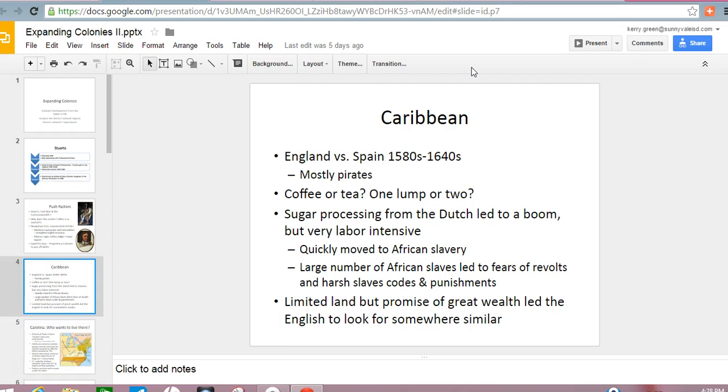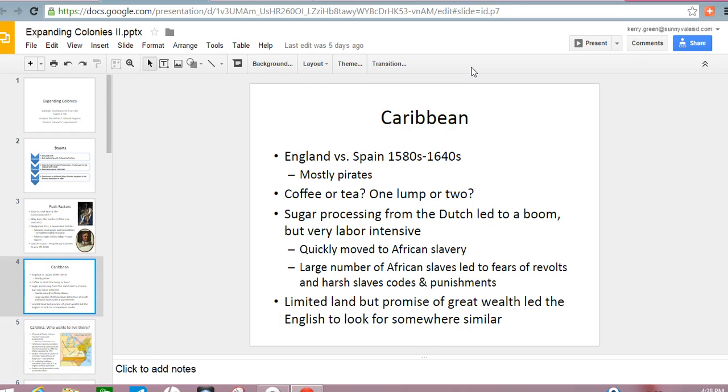And so the Caribbean is importing tons of slaves to process sugar, and the Dutch are right there to help provide the slaves. Because they burn through the native population super quickly, they turn to African slavery.